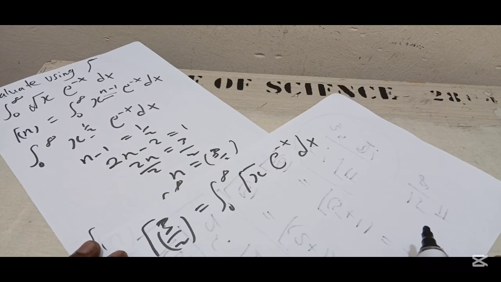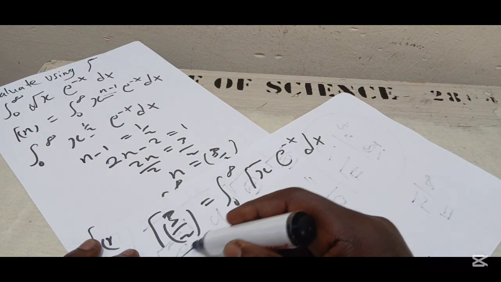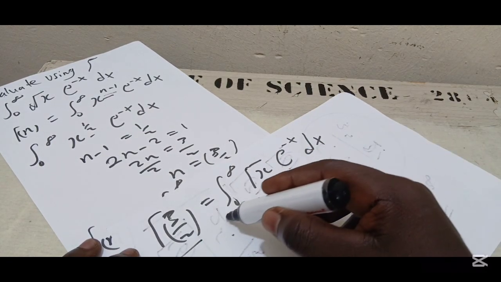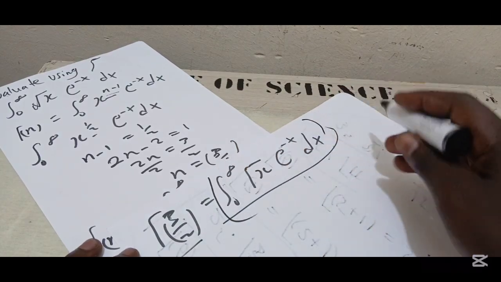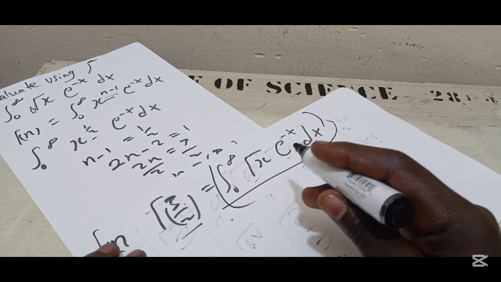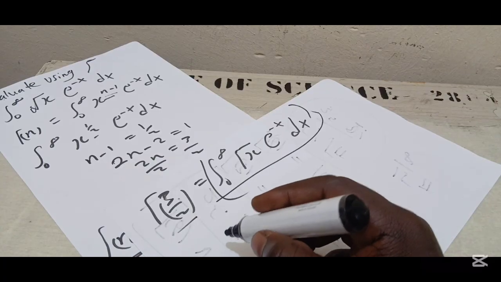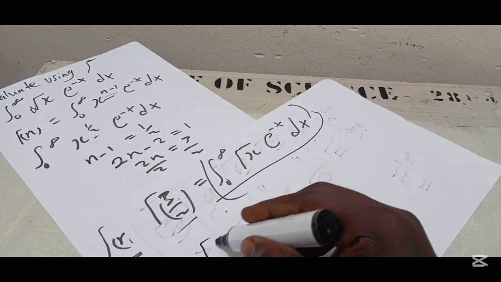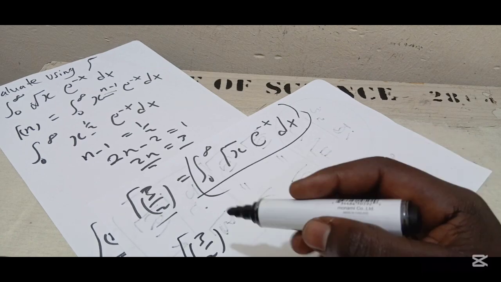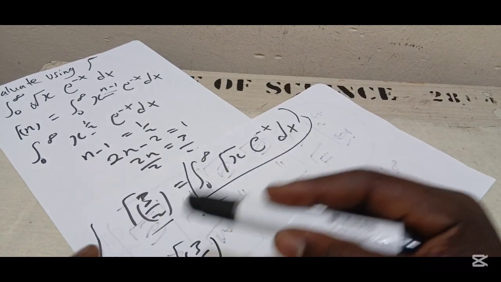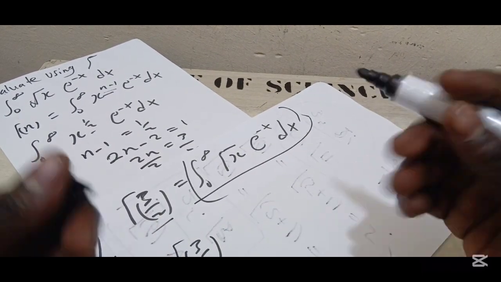So it means that if we evaluate this, the value that we are going to get is just for this whole term right here. So this is telling us that we can just go ahead and find gamma 3 on 2. And gamma 3 on 2, we have to find a way of expressing it in a form.